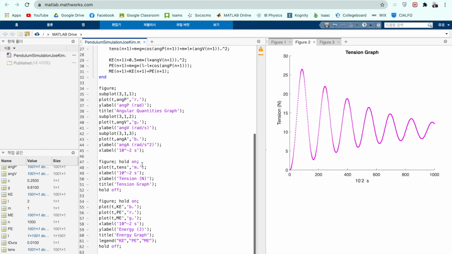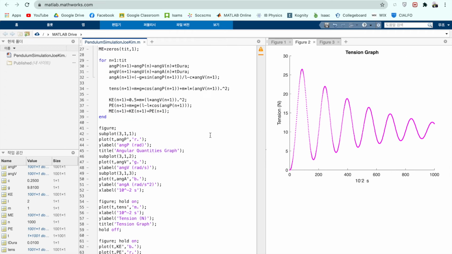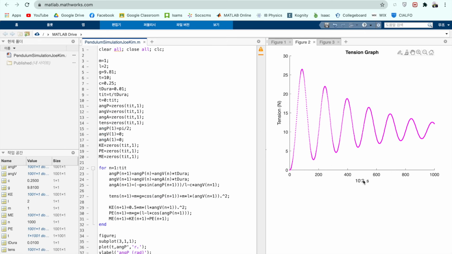Oh wait, the power sign is not being printed, but anyways, you can see that I would have to multiply 10 to the power of minus 2 to every number to get 1,000 into 10 seconds, and so on.